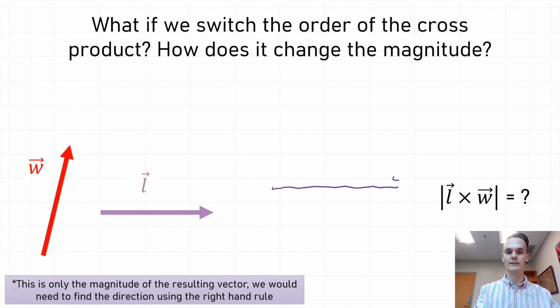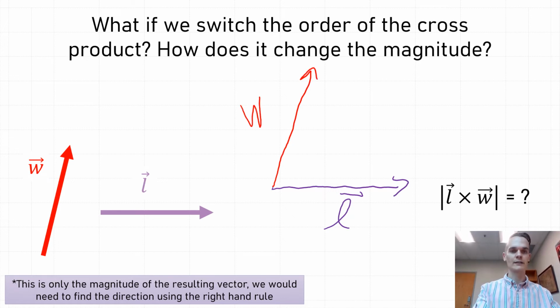So this is our redrawn vector L, and this is our redrawn vector W. So we've redrawn vector L and vector W tail to tail. This is how we graphically represent the magnitude of the cross product.